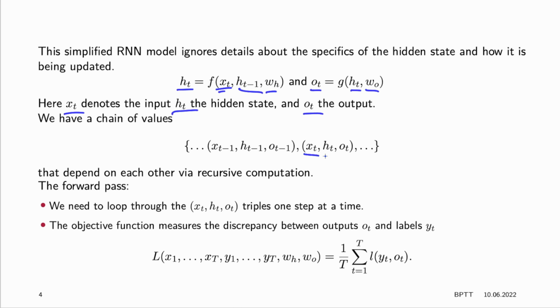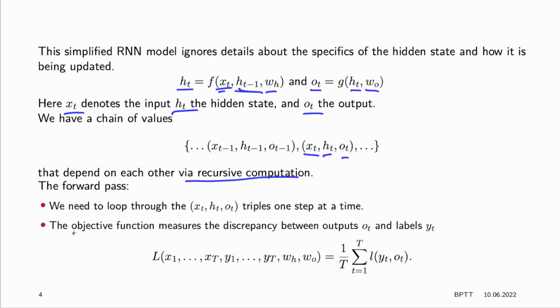In this recurrent neural network, we basically get a chain of values from 1 through capital T of these xt, ht, and ot triplets. These triplets depend on each other via a recursive computation that we have here in f. So we need to loop through the triplets xt, ht, and ot one step at a time.